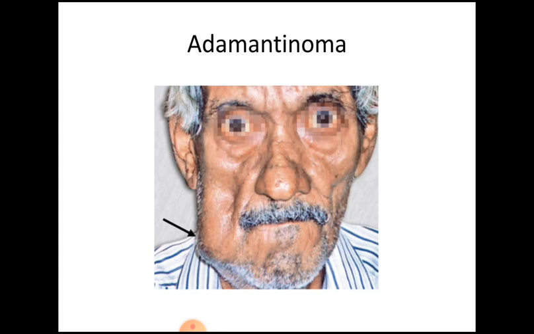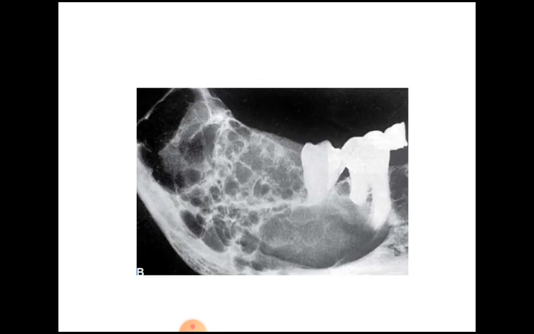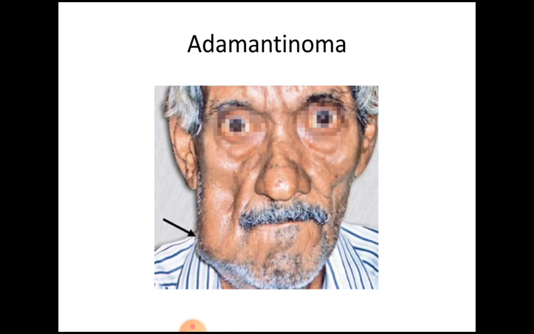It's a painless swelling at the angle of the mandible, like in this picture, maybe with secondary lymph node enlargement due to infection. X-ray shows soap bubble appearance. Note the losing of the tooth with equal loculation. Adamantinoma arises from the paradental epithelium, while osteoclastoma arises from the bone.